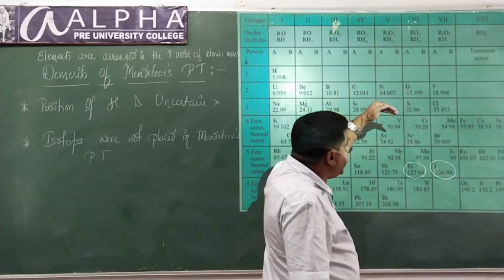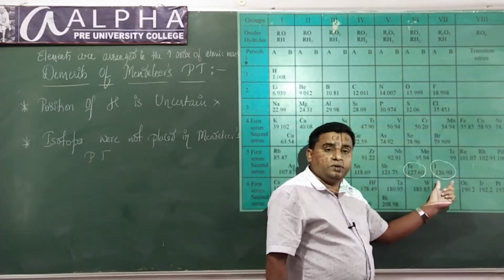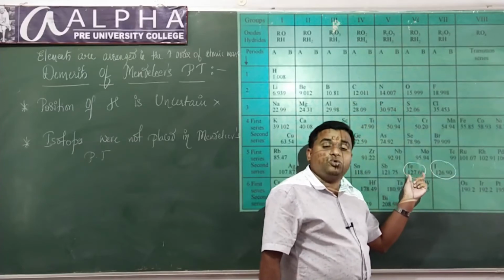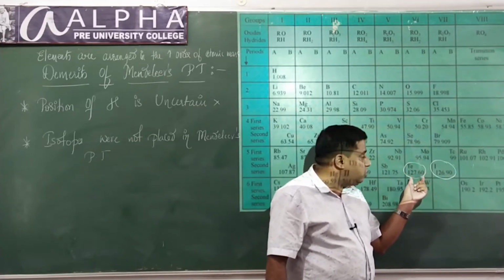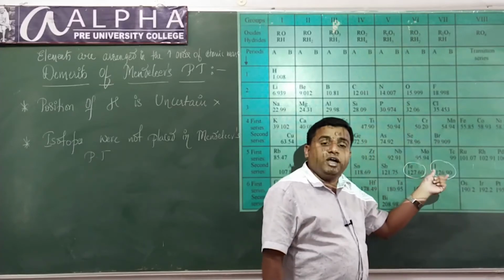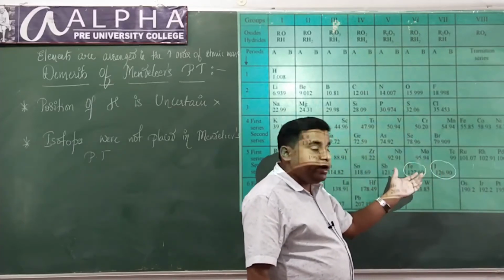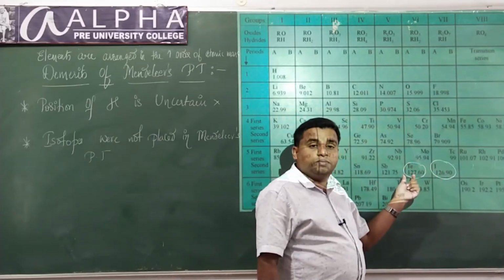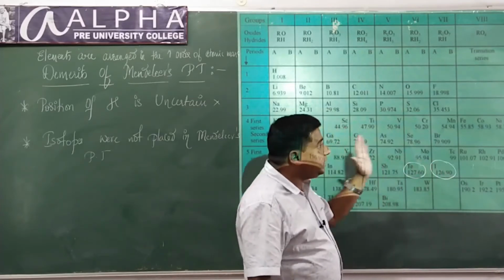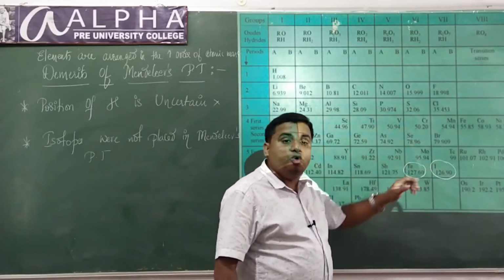So elements are arranged in the increasing order of atomic mass. But observe tellurium and iodine. The atomic mass of tellurium is 127.60, whereas the atomic mass of iodine is 126.90. That means iodine has less atomic mass than tellurium. Therefore, in the periodic table, first iodine should come and then tellurium. But look at Mendeleev's periodic table. First comes tellurium and then iodine is placed.